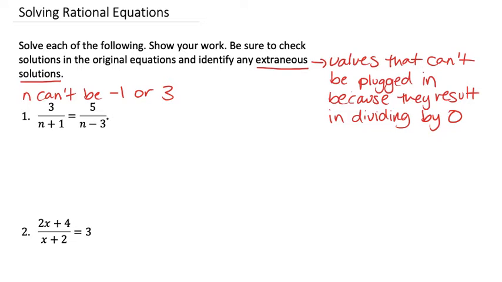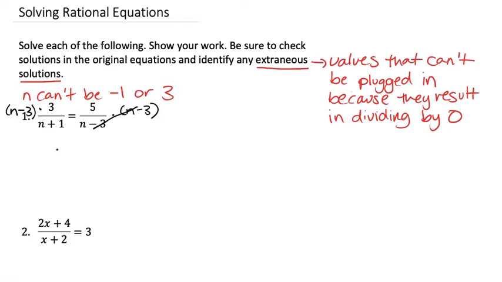So to solve this equation, I'm going to start by getting rid of the n minus 3 in the denominator on the right side. And I'm going to do that by multiplying both sides of the equation by n minus 3. Since n minus 3 is divided, we do the opposite to get rid of it, which is multiplying on both sides. So that makes it go away on that side.